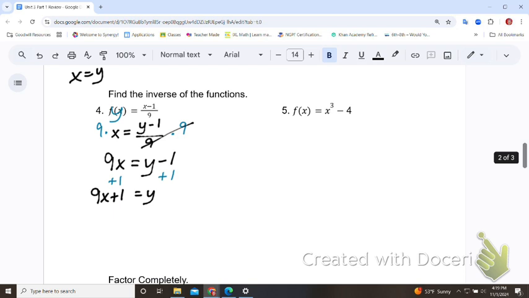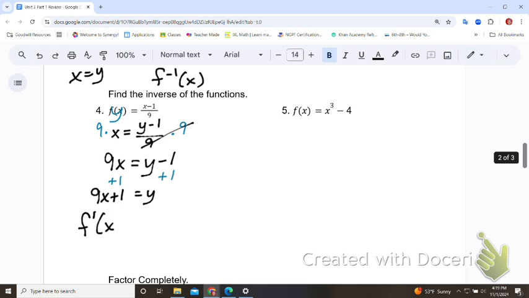So at this point, the y is by itself, but we're going to give this answer in function notation. And inverse, we use the same letter. So if it's the f function, we're going to use the f, but we use this -1 to show inverse, and it's raised up kind of like an exponent. So here, I'm just going to go ahead and write that first.